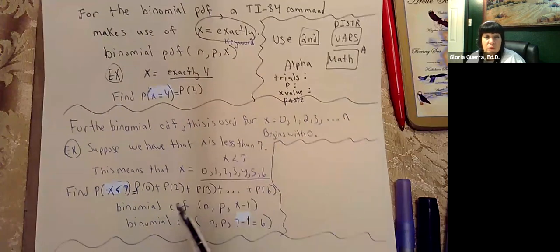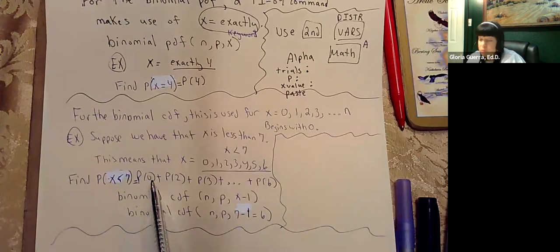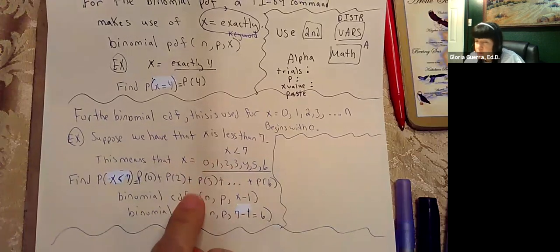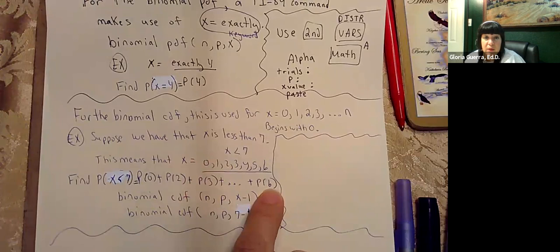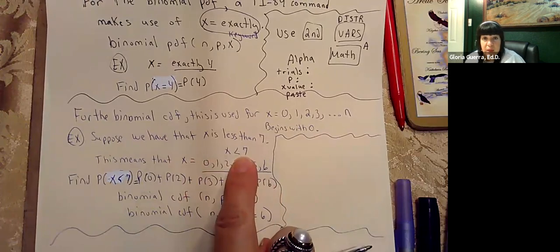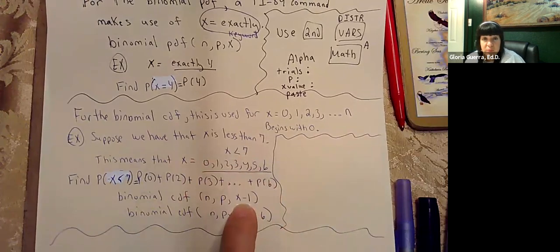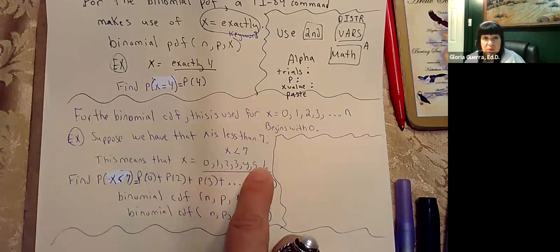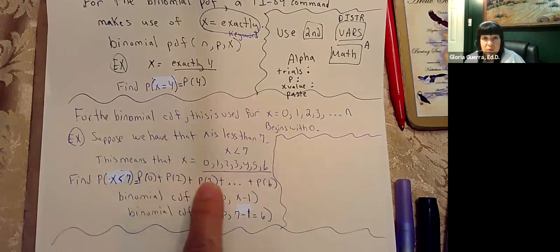Where this one you're finding from P of 0, summations all the way, counting all these probabilities all the way to 6, because it said less than 7. And that formula needs 7 minus 1. 7 minus 1 is 6. So this is successes from 0 through 6. See, 0 all the way to 6.